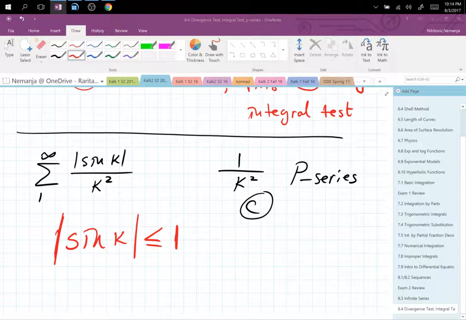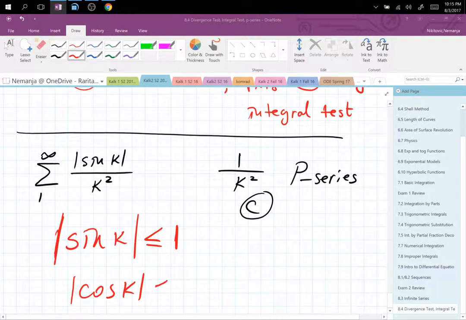I'm going to replace every sine and cosine of x, n, k, whatever it is, with 1, because it cannot contribute more to the sum. It's either adding 1 or adding 0 or anything in between. Does it make sense? So I replace it by the most it can be. That's why we say sine k is bounded by 1, cosine k is bounded by 1.